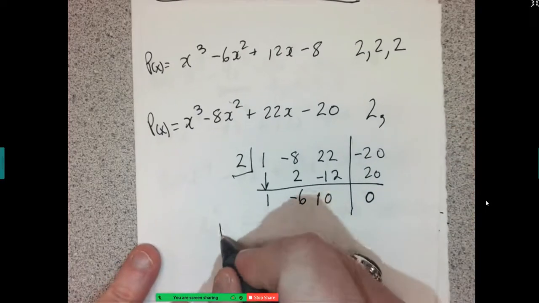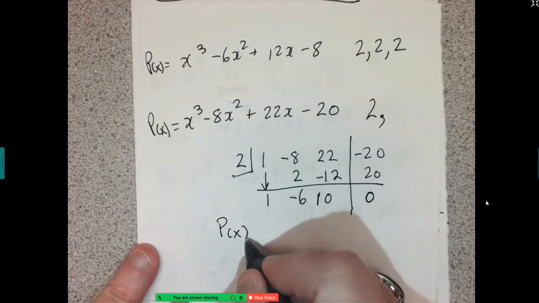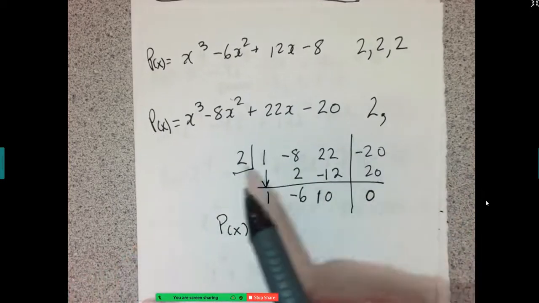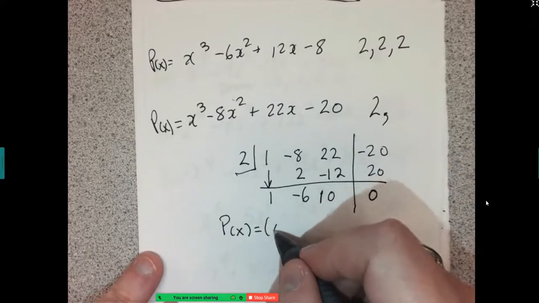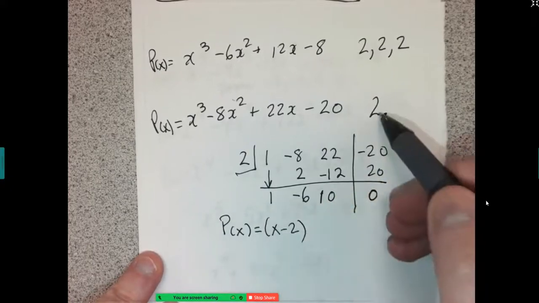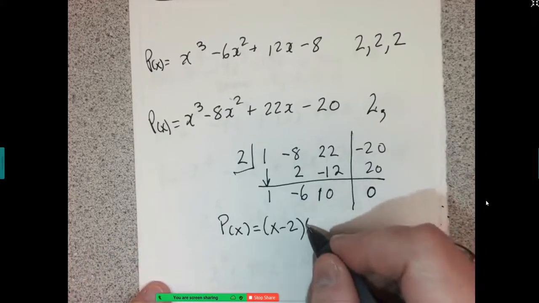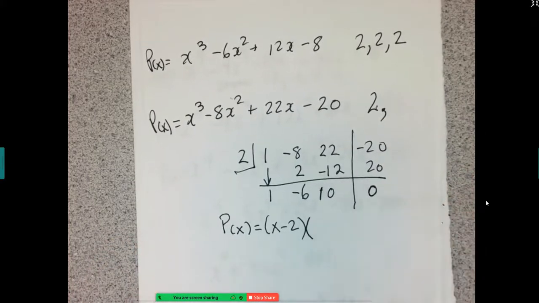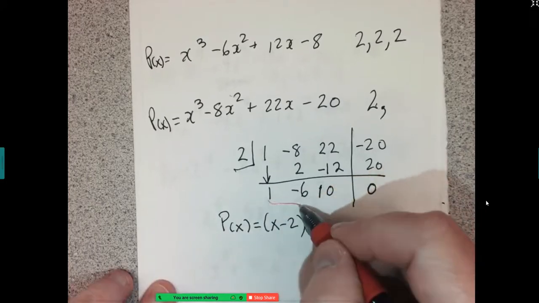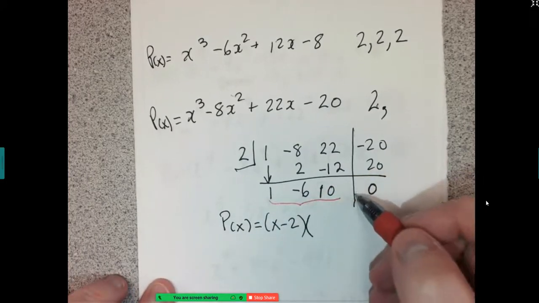So now I can rewrite p of x. It's going to be the divisor, which is x minus the number in the box. 2 is a 0, x minus 2 is a factor, then times the quotient, plus the remainder, but the remainder is 0. These numbers give me the quotient.